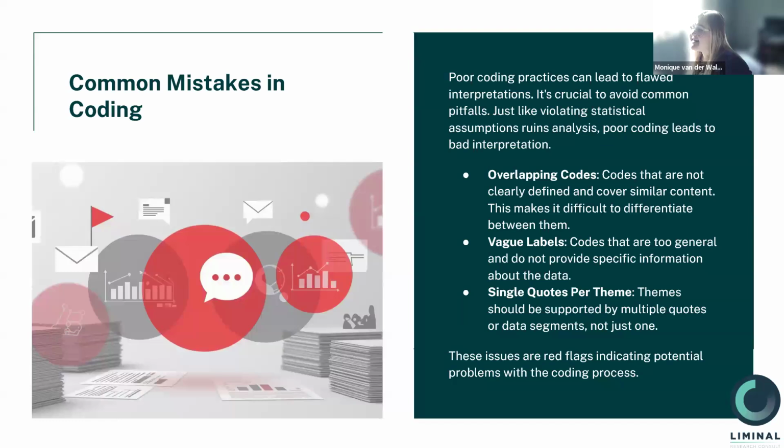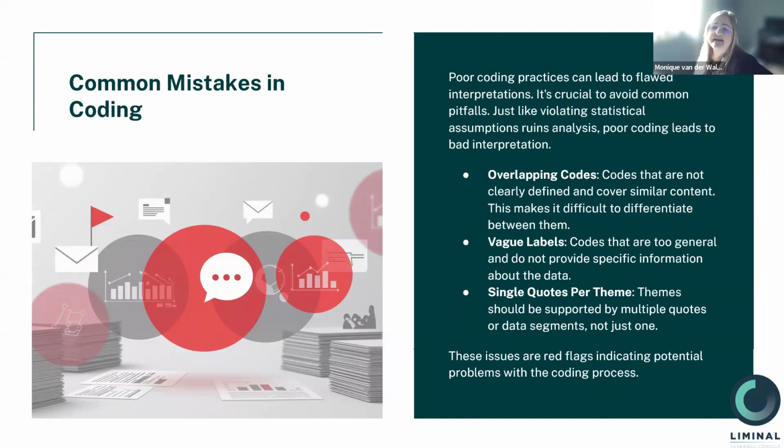So we think about things such as overlapping. Overlapping means that codes are not clearly defined and cover similar content, meaning that when we highlight data from the interview, we every time add a code of this and a code of that, meaning that section doesn't clearly align with only one idea, and you constantly add too many ideas to a section that you've coded.